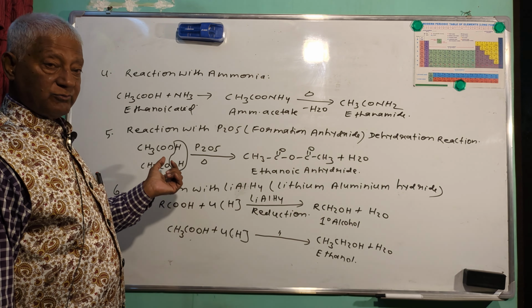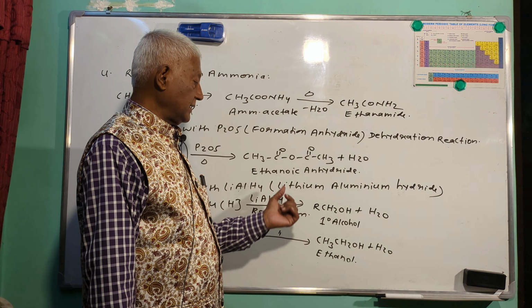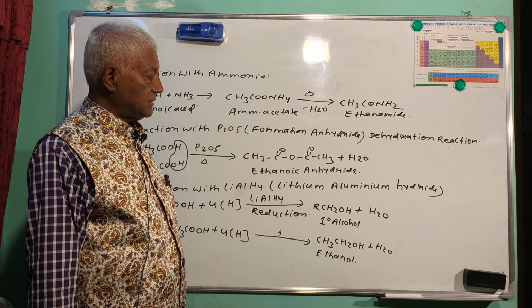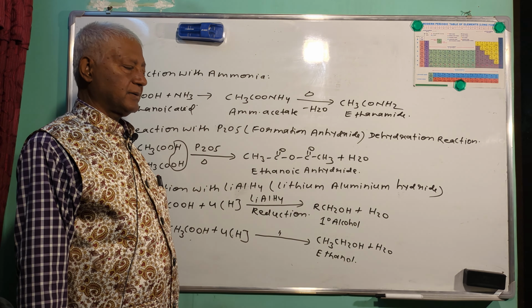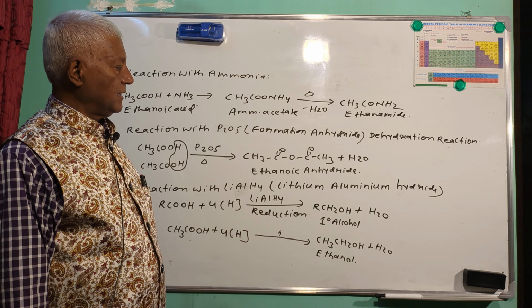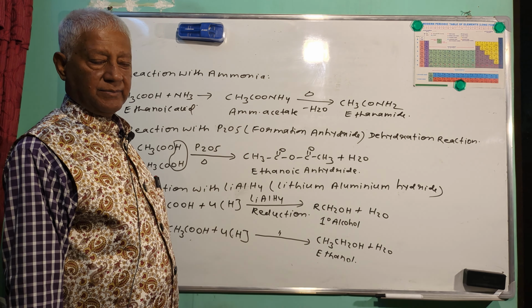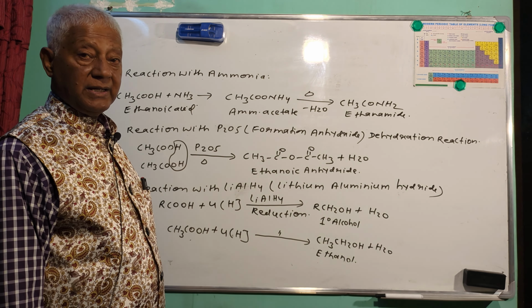It loses one molecule of water and we get a very important compound known as ethanoic anhydride. Very, very important compound. Generally used to make aspirin tablets, and any acetophenone compound we can prepare from this.